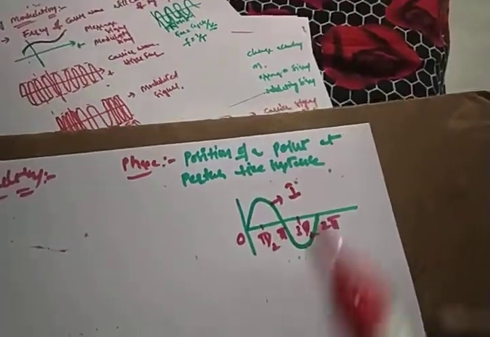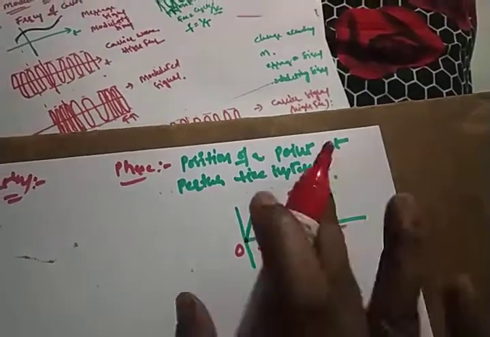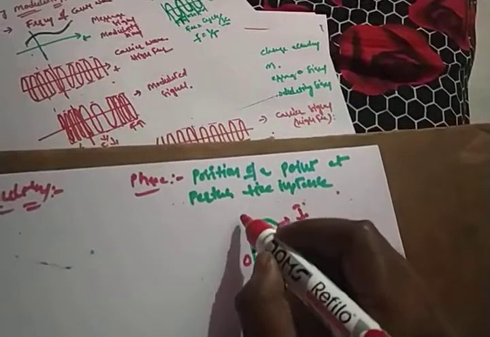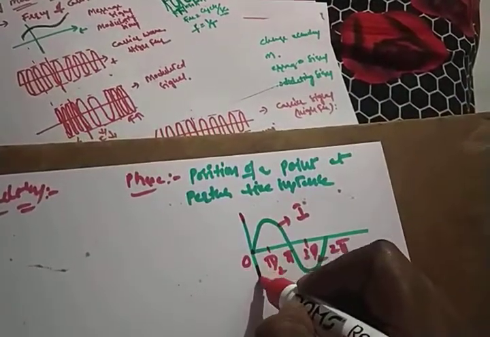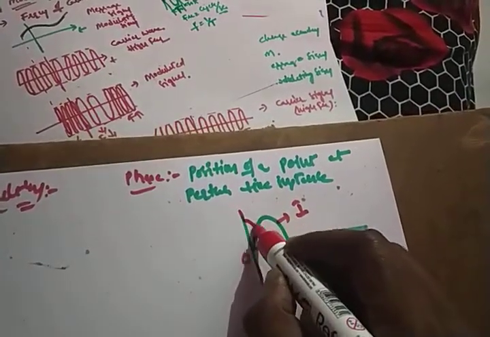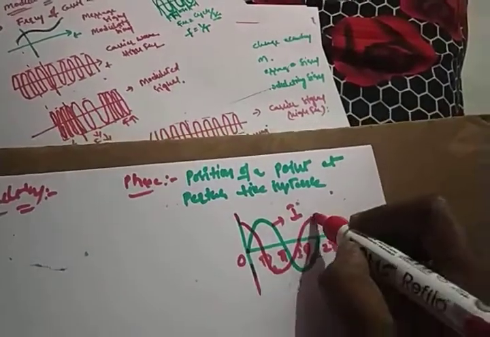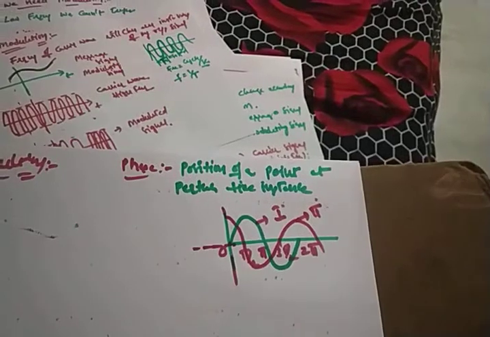So what is the phase here? The position of a point. For suppose the phase is 0. Assuming that I have another wave which started from here itself. So this is wave 2. You will see what the phase difference is, and which one is lag and lead.